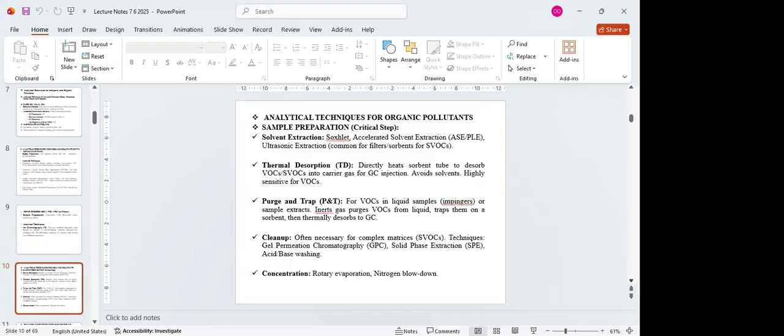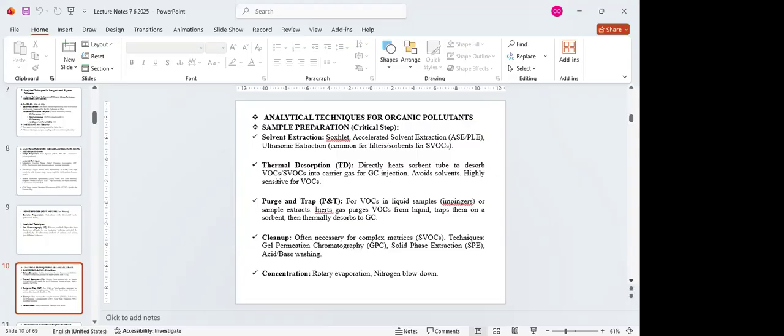That is what we need to do to prepare for the extraction. Now, we have solvent extraction using Soxhlet. We also have accelerated solvent extraction. We have ultrasonic extraction.